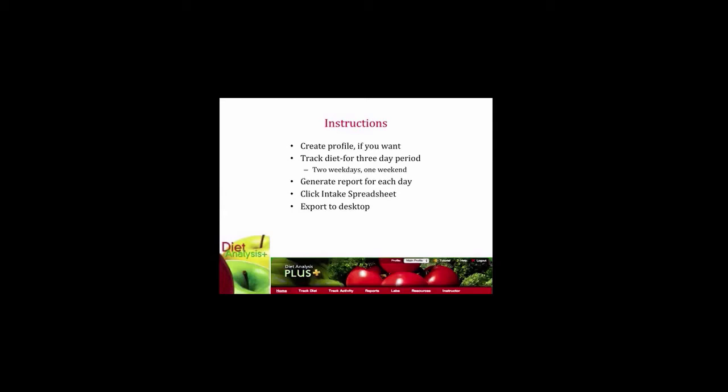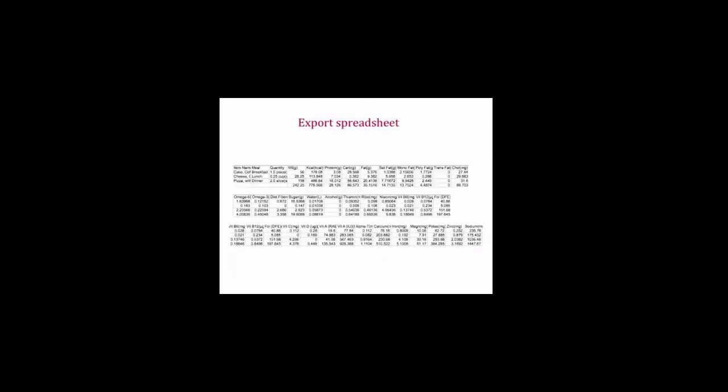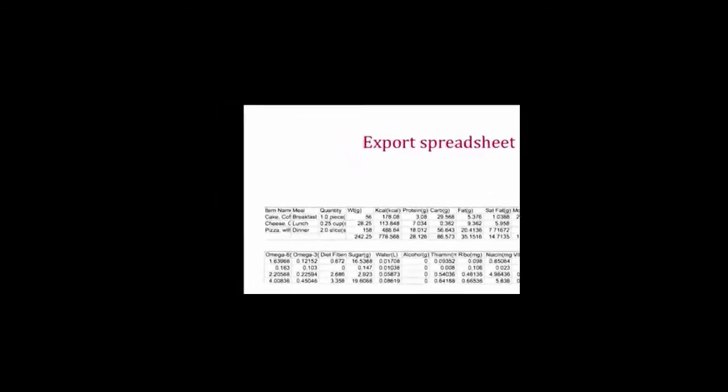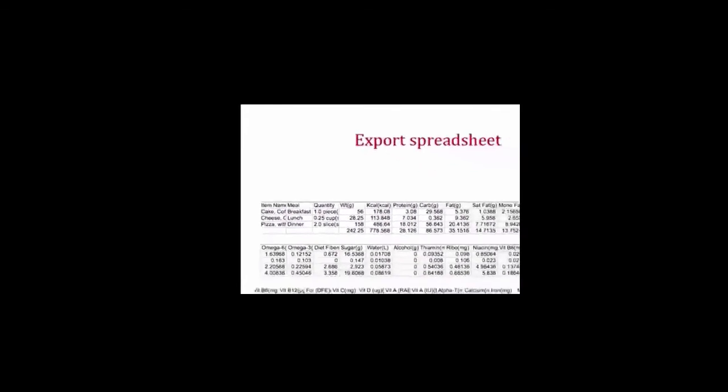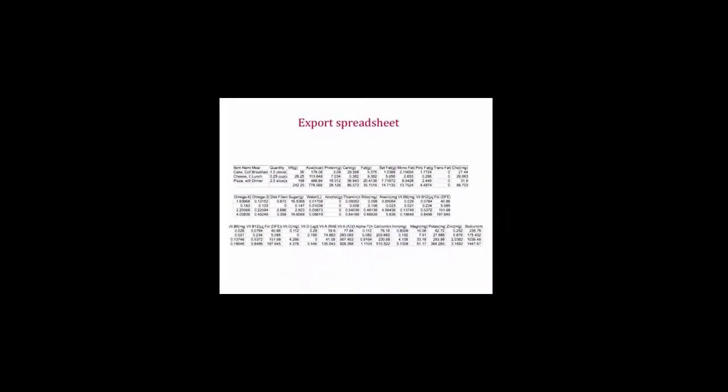Here's an example of all the information that's provided on this spreadsheet. I just wrote in cake, cheese, and pizza because it was the first thing that came to my mind. So you have the item, the meal, the quantity. I do not need to know the weight. And you can see all these other nutrients: proteins, carbohydrates, fats, unsaturated fats, trans fats.